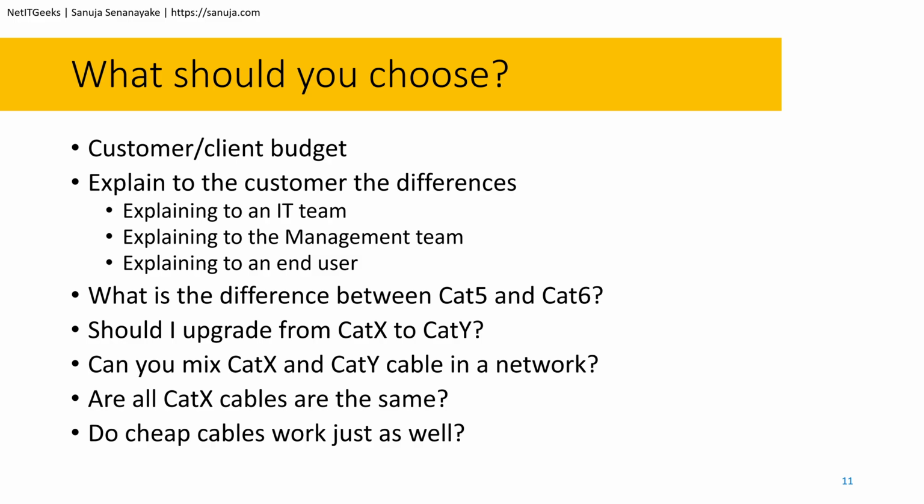If a customer is willing to spend that money, you can go ahead and do that. So if you're building a new house, for example, and that house comes with some network cabling installation, you can request the house builders to install Cat6a cable over Cat5e cable. Right?